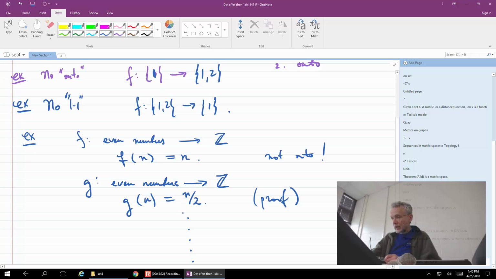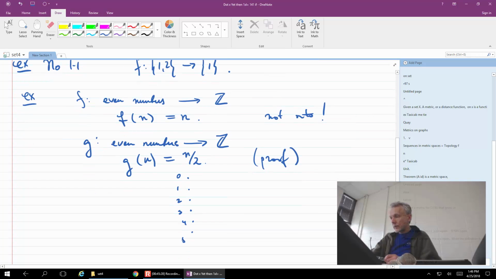So it's say 0, 1, 2, 3, 4, 5. These are my even numbers, and then across from it I have my Z. I could go just straight across, but that would not be onto.